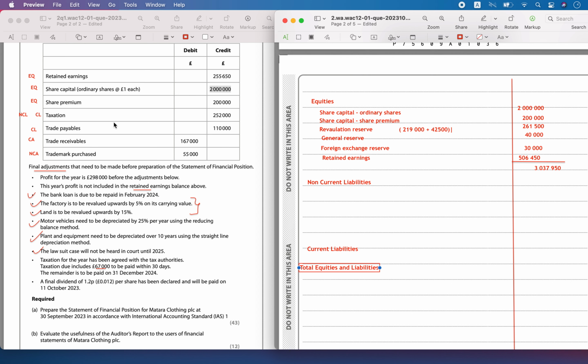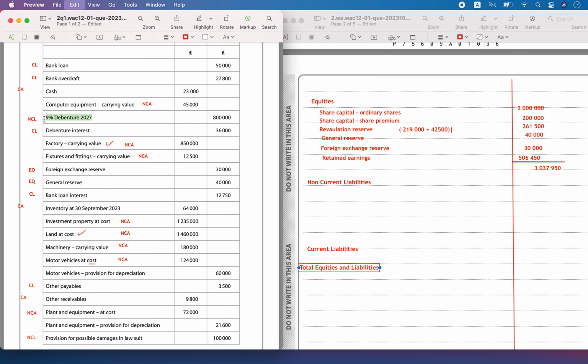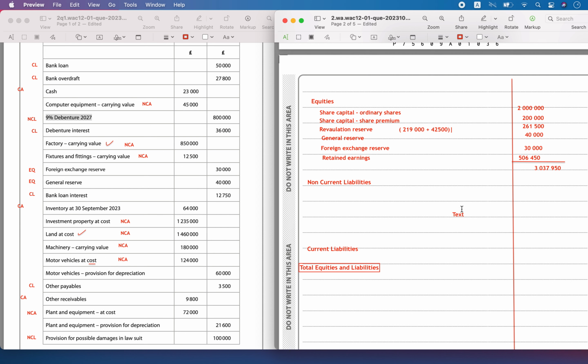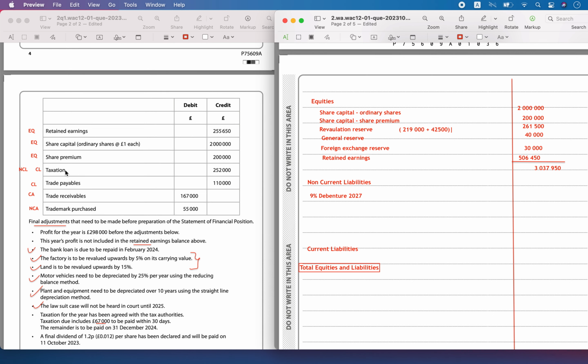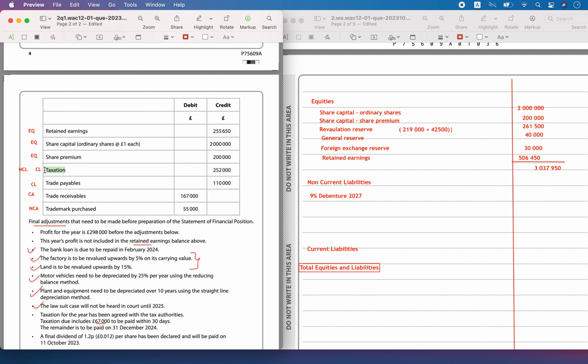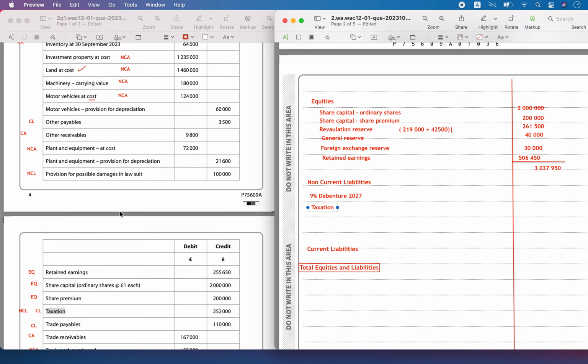Now let's calculate the total non-current liabilities. The first one is the 9% debenture in 2027, that's going to be the first non-current liability. And then you have taxation, which includes a current liability and a non-current liability, some of which is due as a current liability.